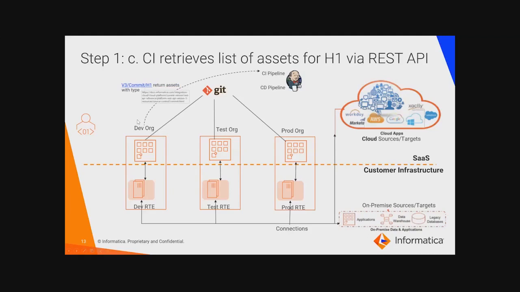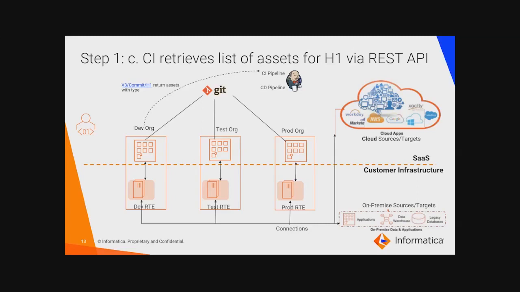Once it hits the IICS dev org, the dev org will return the assets along with their type. We will see a sample payload of how the return type looks, but generally it is a JSON file containing the list of all the objects, whether it's a mapping. If you are looking at a particular commit, we suggest bundling all the code in one commit itself.